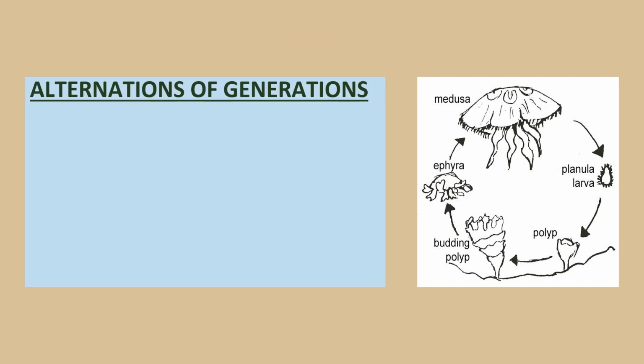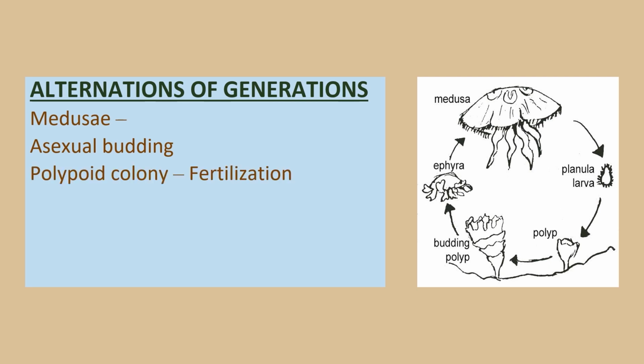Alternation of generation. A single colony exhibiting two kinds of zooids of varied functions is called alternation of generation, where a sexual reproduction takes place after an asexual reproduction, followed by a sexual reproduction again. Medusae are sexually reproducing zooids.